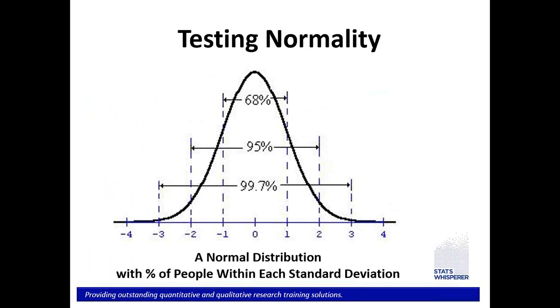So if the mean was 3.0 and the standard deviation was 1, we would say in a normal distribution, 68% of the scores are the mean +1, between 3 and 4, and the mean -1, between 2 and 3. So 68% of the scores would be between 2 and 4. They'd be clustered in the center there.